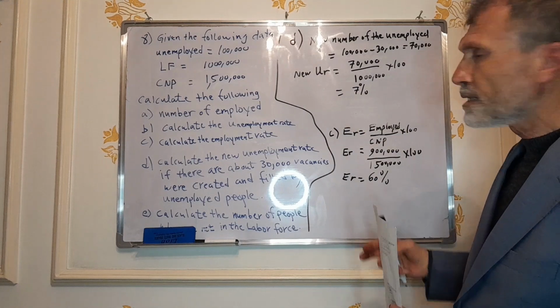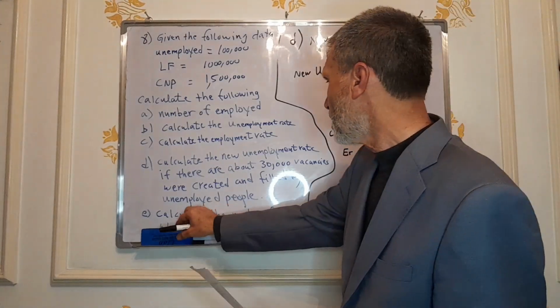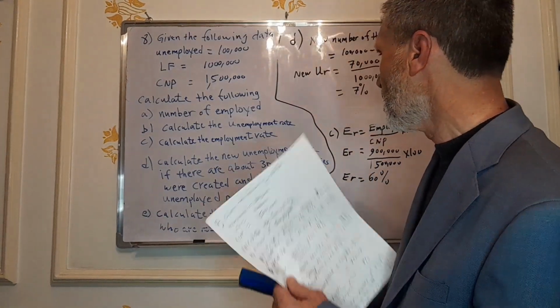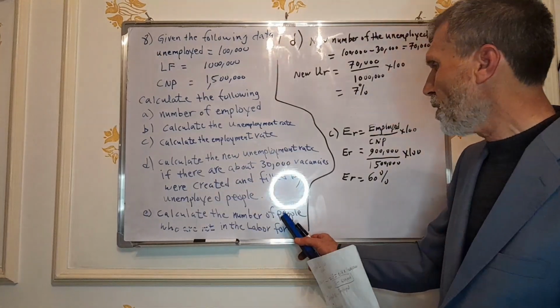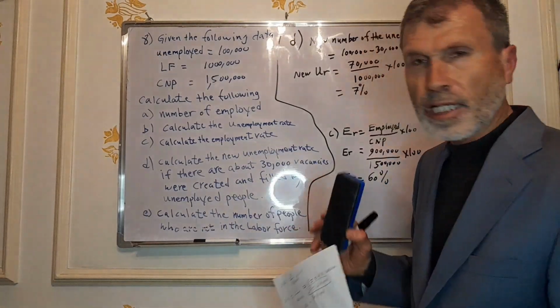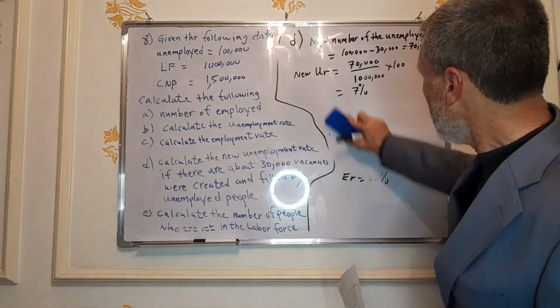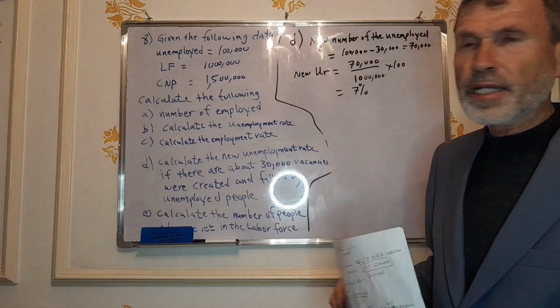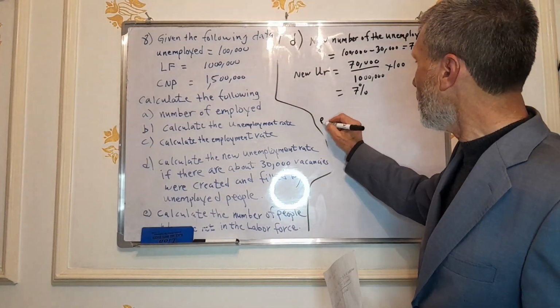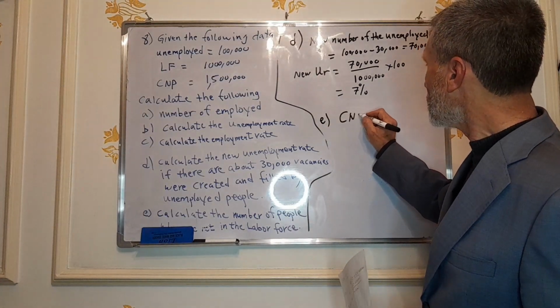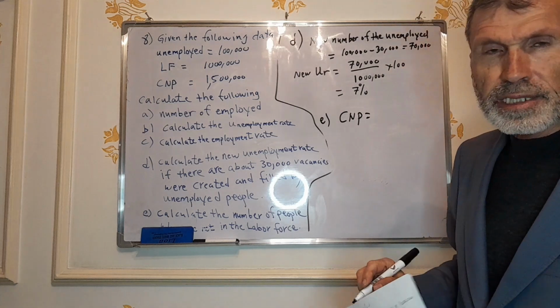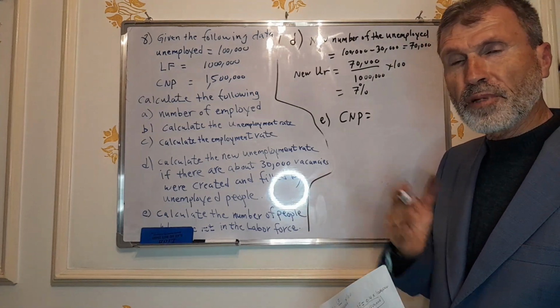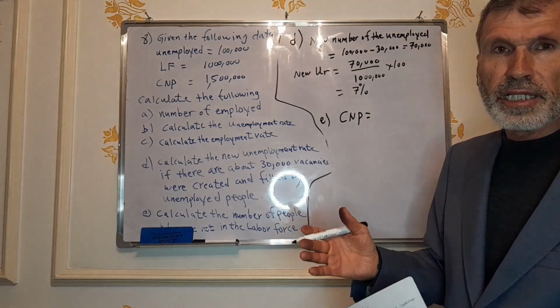Before, it was 10%. Now, the last part of the question is to calculate the number of people who are not in the labor force. The civilian non-institutional population equals the sum of the people in the labor force and the people who are not in the labor force.